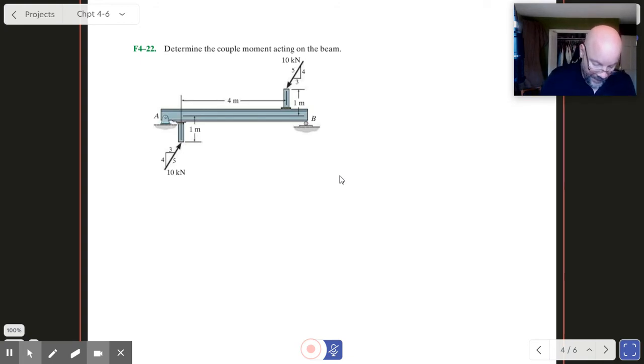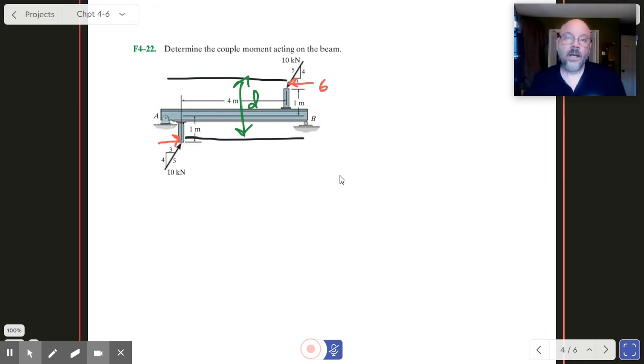If we do that, then we've got a 6 this way and a 6 this way. The lines of action on those come across, and we know the distance here is 2.